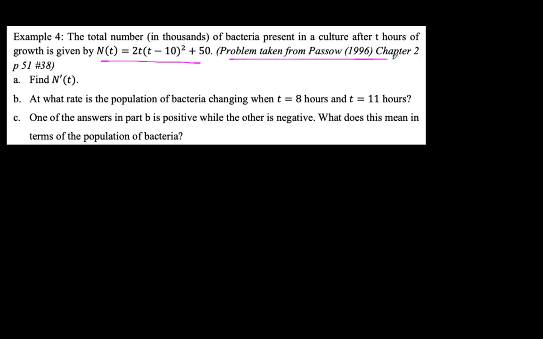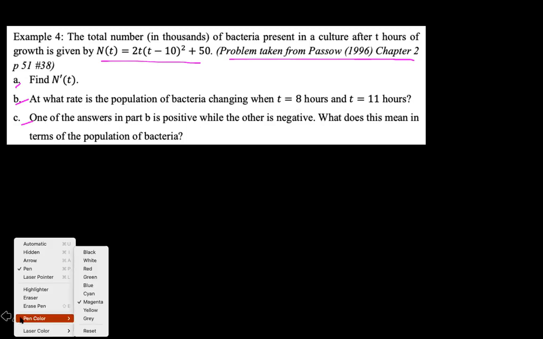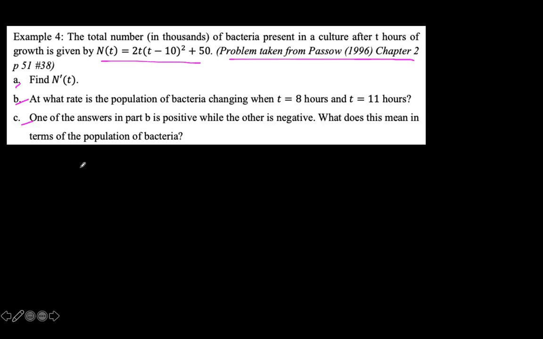This problem was derived from 1996, and again, it was presented in one of the modules of Math 5 under PSI. Here we need to find the derivative of n with respect to t, and at what rate the population of bacteria is changing at t equal to 8 hours, 11 hours, and so on. We're going to answer letter C as well, but before that, let's answer letter A first.